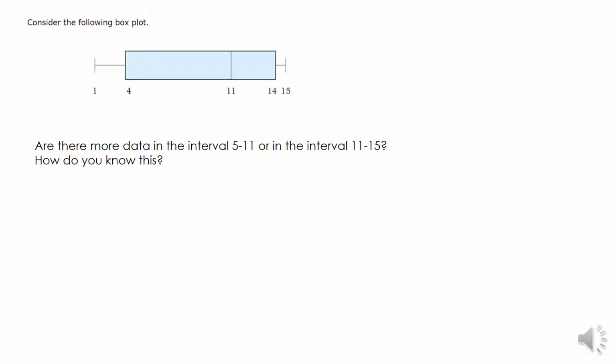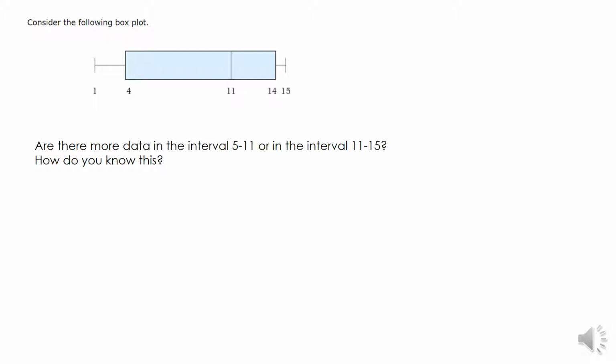They're just going to pick some intervals and they want us to look at those. Make sure that you understand what this question is asking. It's not asking which interval is more spread out. If it was asking that, we would say, well, obviously 5 to 11 is probably more spread out. They're asking which interval contains more data.